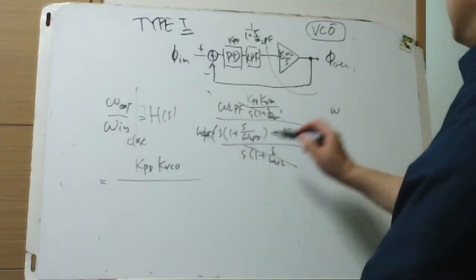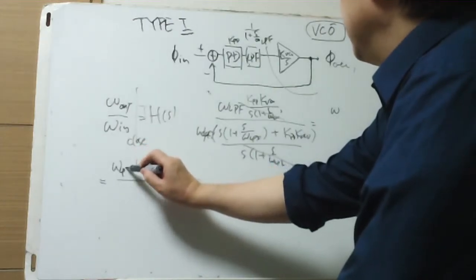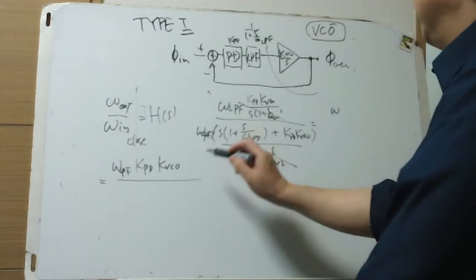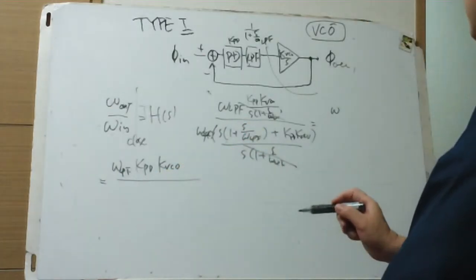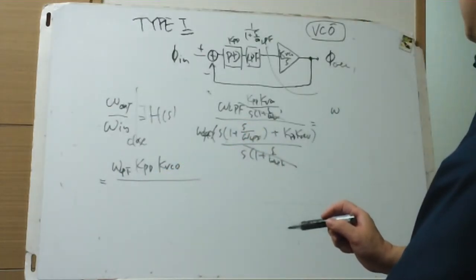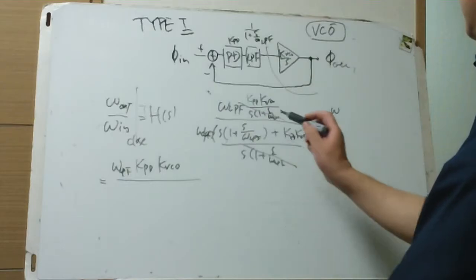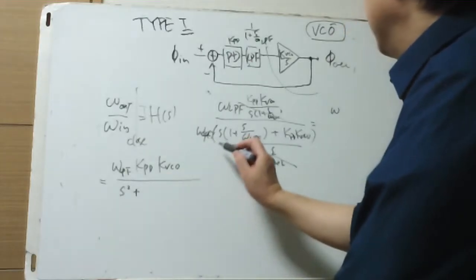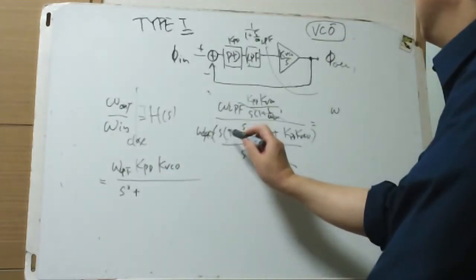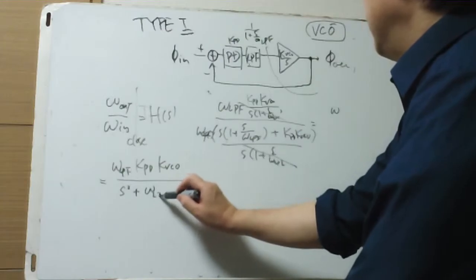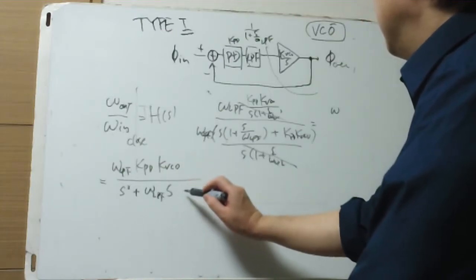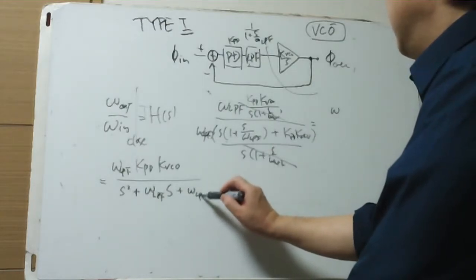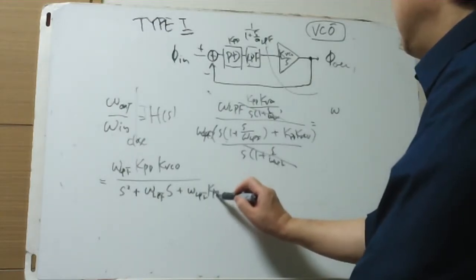So omega low pass filter times Kpd Kvco, divided by s squared plus omega low pass filter s plus omega low pass filter Kpd Kvco.